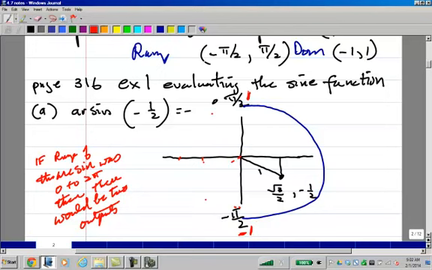But right here is where the sine is negative 1/2, okay?